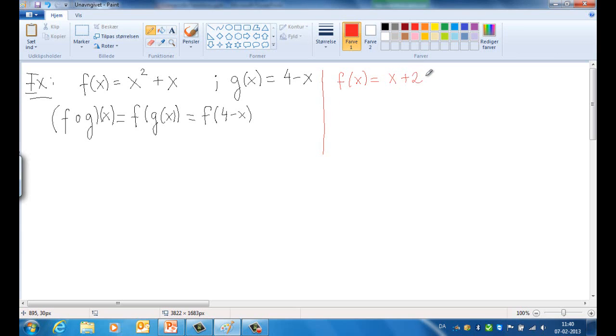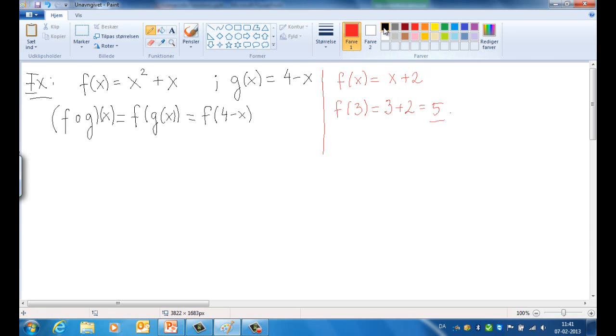And if we should then find a function value when x is equal to, let's say, 3, how we found the function value was simply substituting 3 into the position of x in the expression for f(x). So that must be equal to 3 plus 2, which of course is equal to 5.